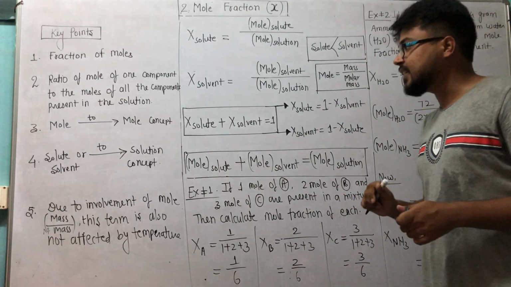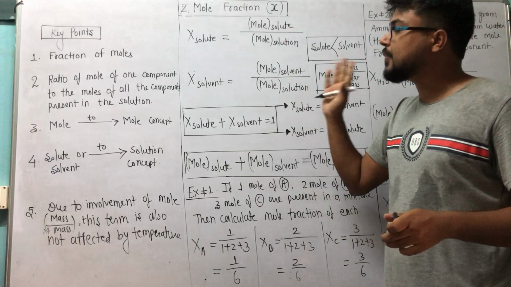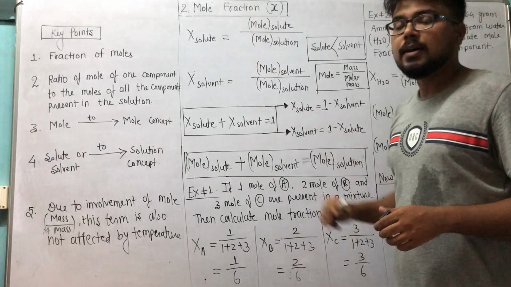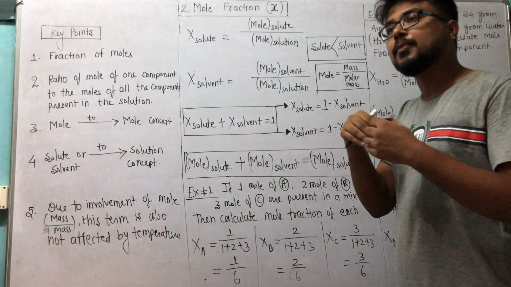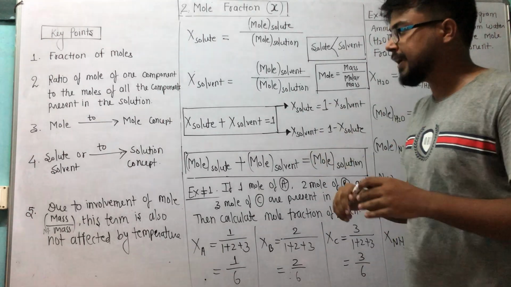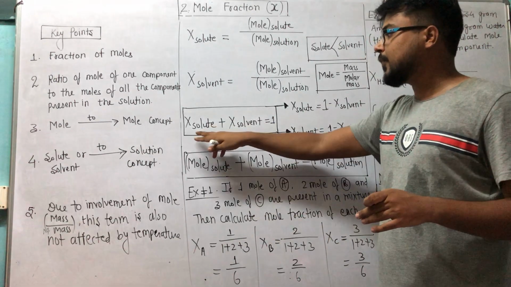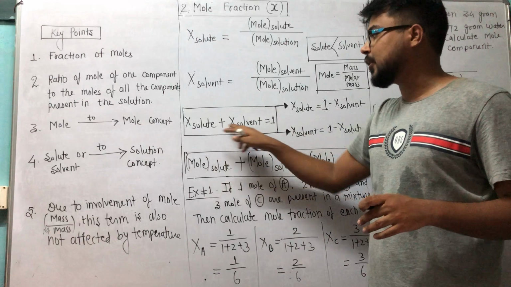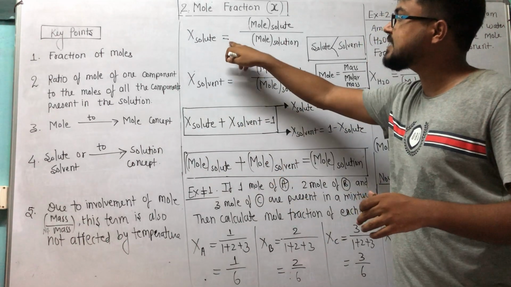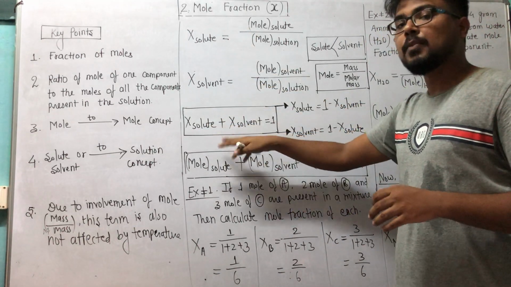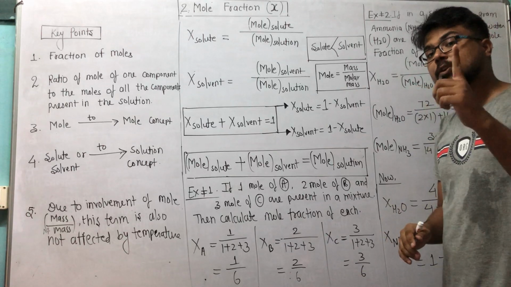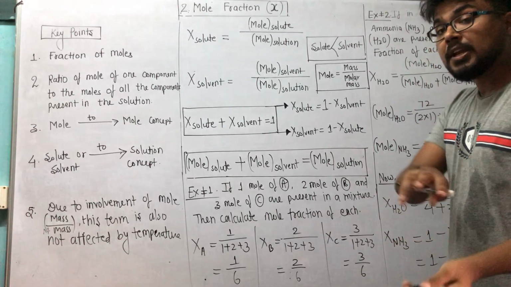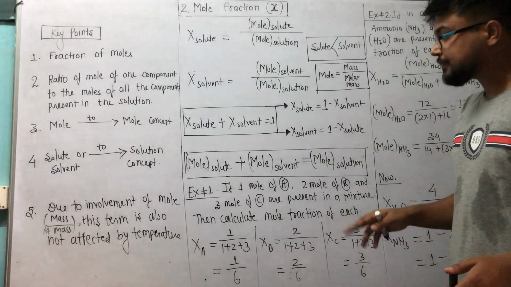One more interesting thing is that whenever you calculate the mole fractions of all components and add them up, suppose I add X solute plus X solvent, suppose it is X and it is Y, then the sum of X plus Y is always equal to 1, remember students. So there is no need to calculate the next one.